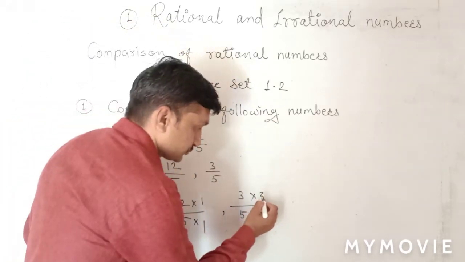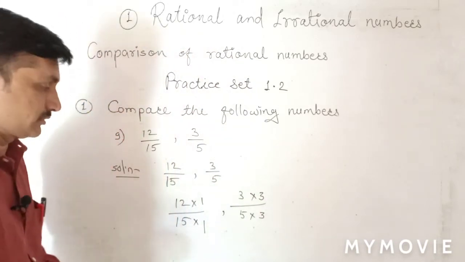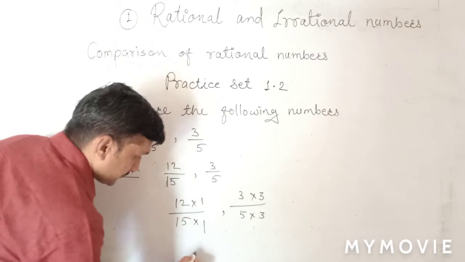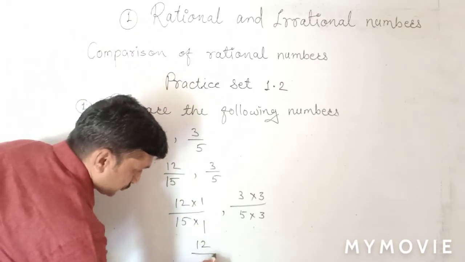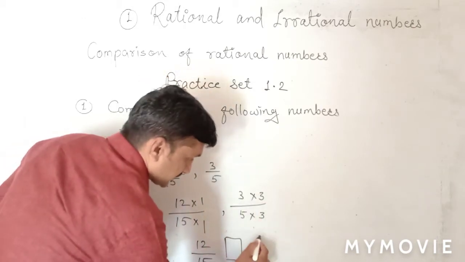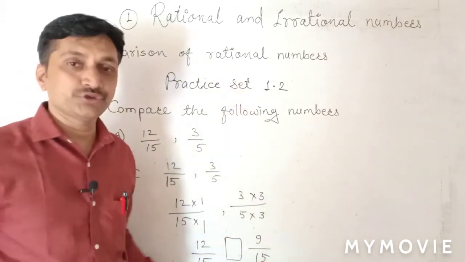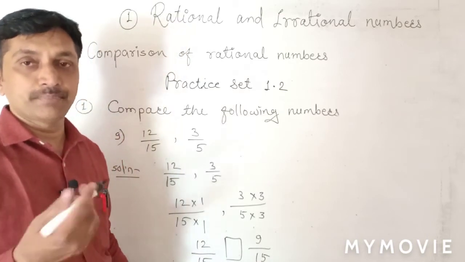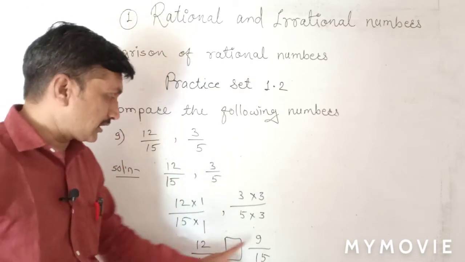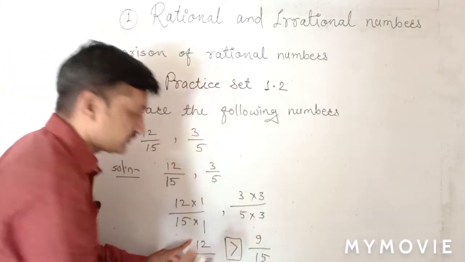Write 3 here also, in numerator and denominator, the same number. Now multiply. 12 ones are 12 upon 15 ones are 15. Here 3 3s are 9, 5 3s are 15. We got both denominators same. Now compare the numerators directly, 12 and 9. 12 is greater, that's why 12 upon 15 is greater.